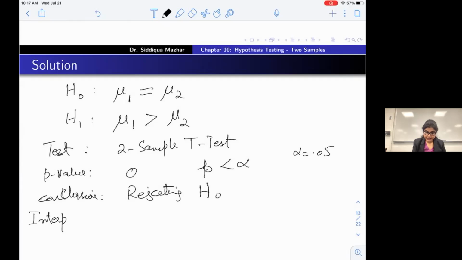If you are rejecting the null hypothesis, it means alternatively I'm accepting H1. So what is H1? Mu1, the average arm length for male, is greater than the average arm length for the female.